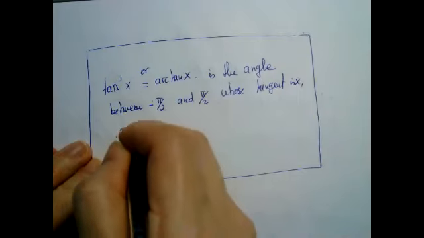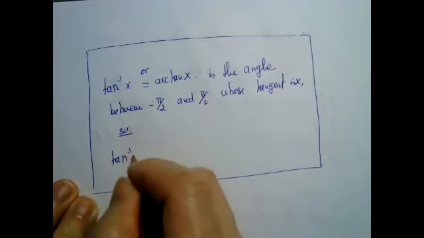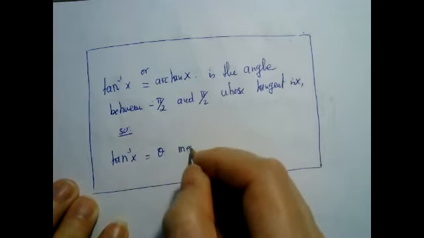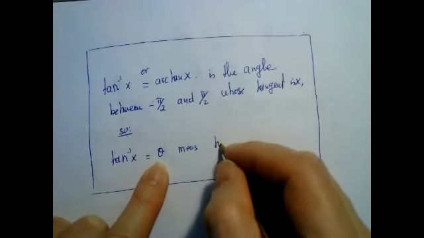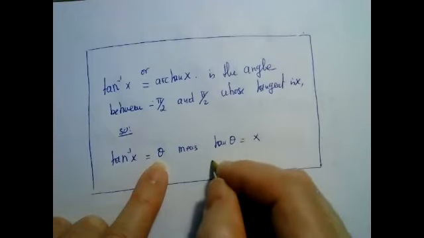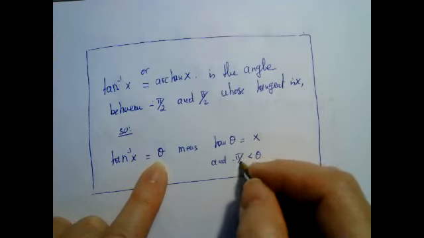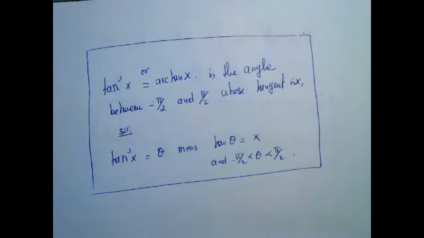So when you read tangent inverse of x equals theta, it means theta is an angle whose tangent is x, and which angle is the one between minus pi over 2 and pi over 2. So that's the one your calculator gives you.